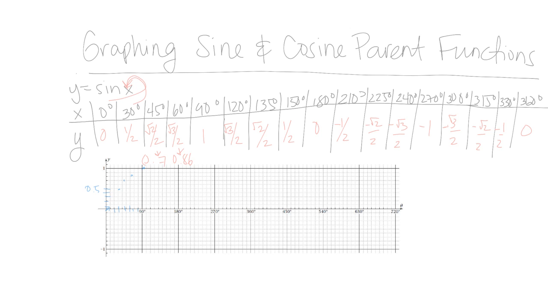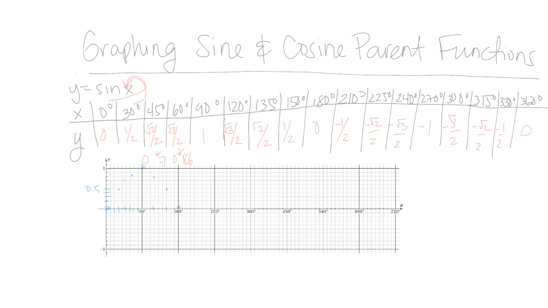Then it kind of reflects itself, right? It mirrors the image now, because at 120 degrees, which is right here, it becomes 0.866 again, so it's going to be here-ish. Okay, and then we get to 150, and you could graph also the in-between points, but I'm trying to get the ones that I know for sure. 150 is 0.5, so that's easier to graph. And then at 180 degrees, you have 0.